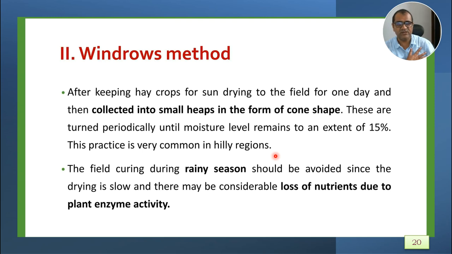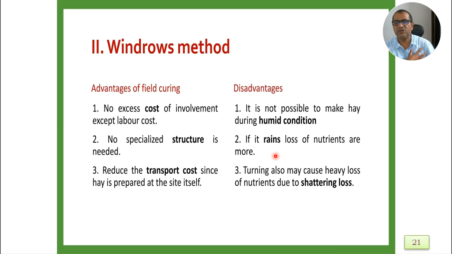This is done during the rainy season to avoid slow drying and considerable loss of nutrients. The advantages are no excess labor cost involved, no specialized structure needed, and no mechanization needed. It also reduces transport costs since hay is prepared at the site itself.